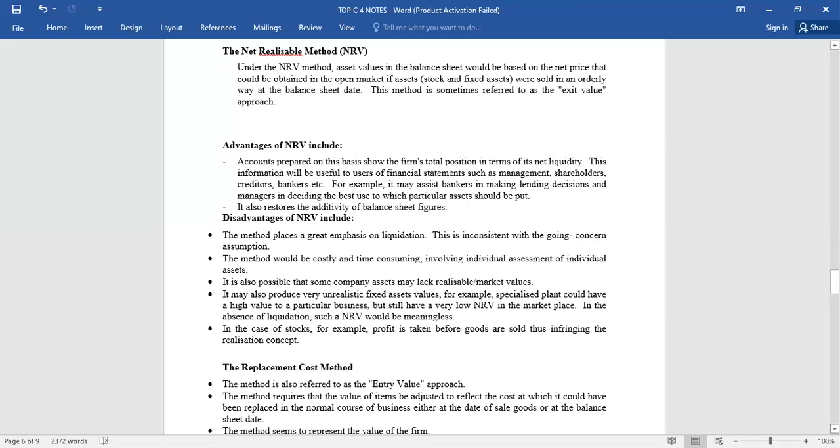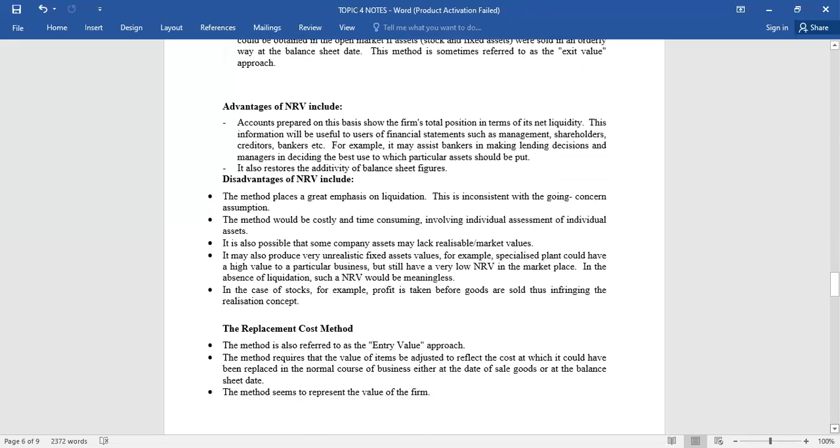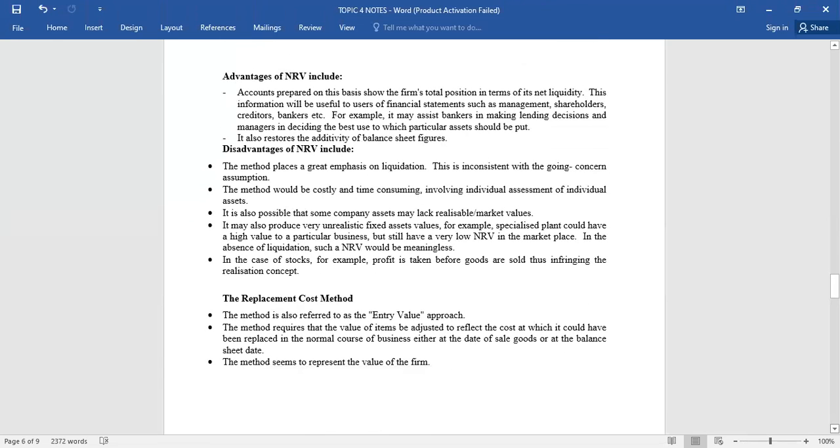I want to combine the two before bringing an example. Now, the replacement cost method, we call it entry value. The other one was exit value. So this can help you now make the difference.